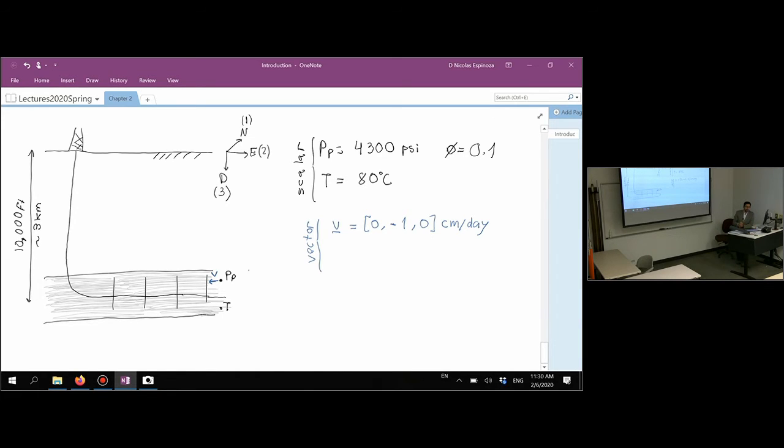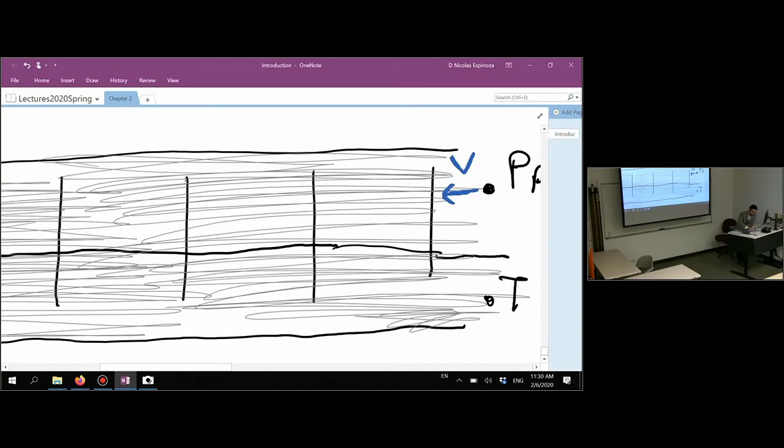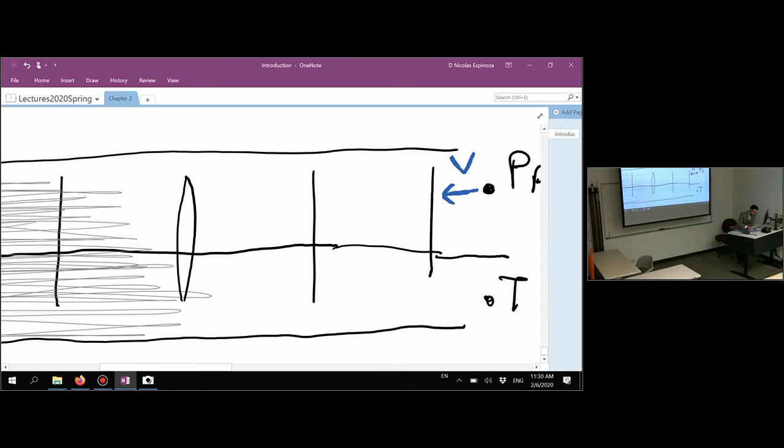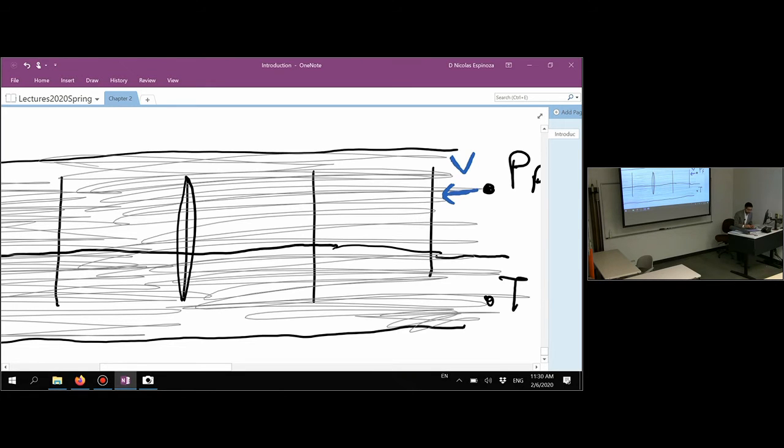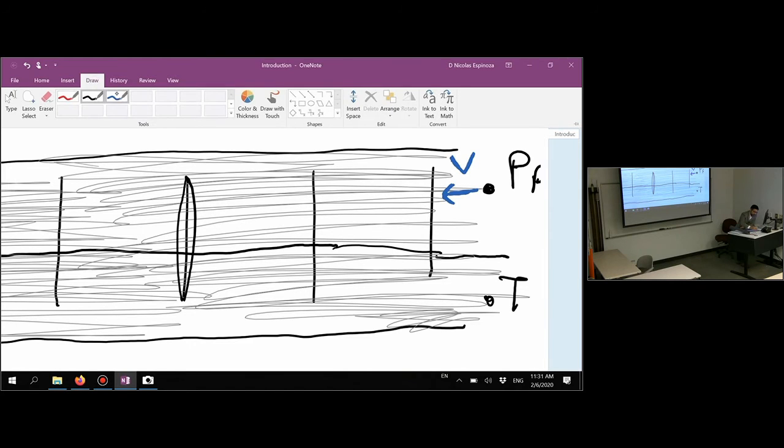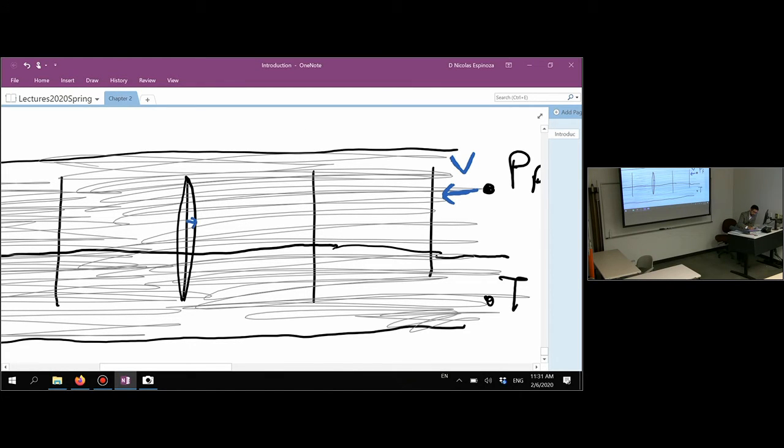Another example could be a displacement. For example, when we make a hydraulic fracture here and the rock moves from the center where it was a little bit to the right to have that fracture open, that's going to be a displacement.